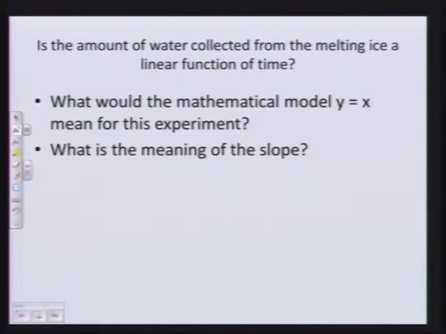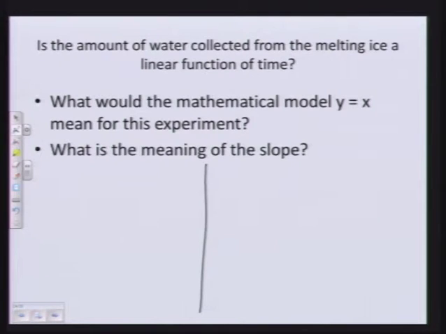So we are asking if it is a linear function of time. Is the amount of ice that has melted, the number of milliliters of water that has collected, going to be directly proportional to the amount of time?